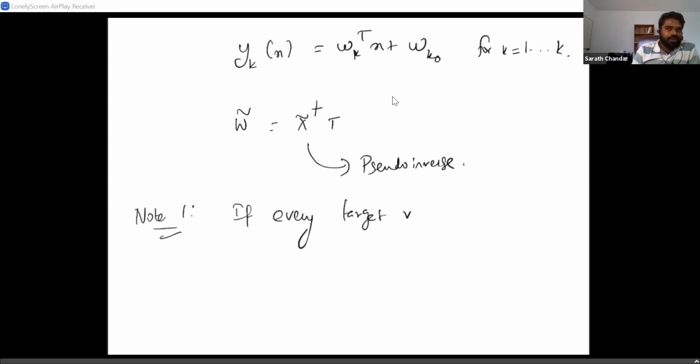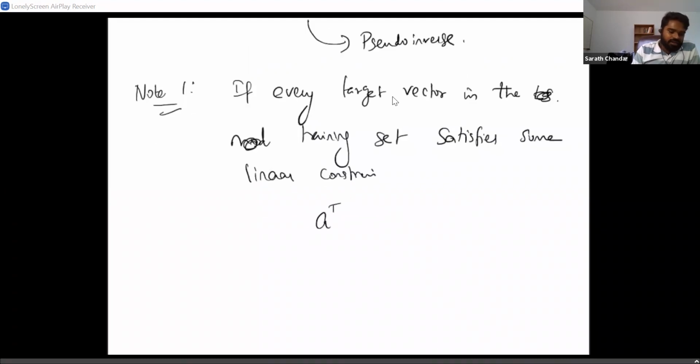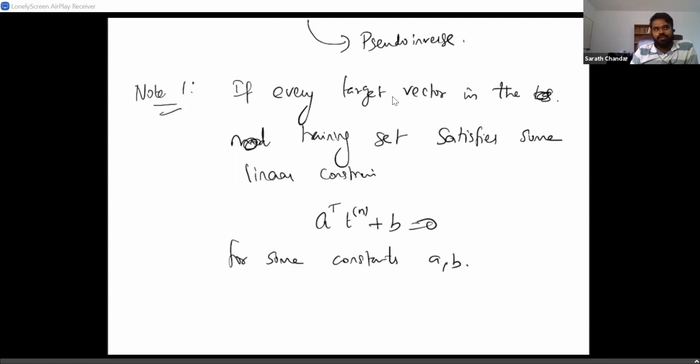If every target vector in the training set satisfies some linear constraint, let's say a transpose t power n plus b is equal to 0, for some constants a and b, then the least square model for any value of x will also satisfy the same constraint.